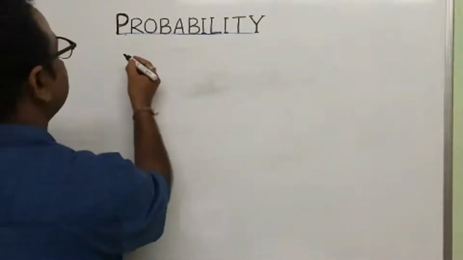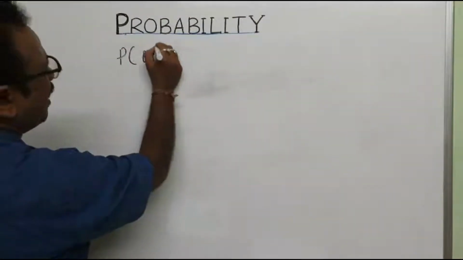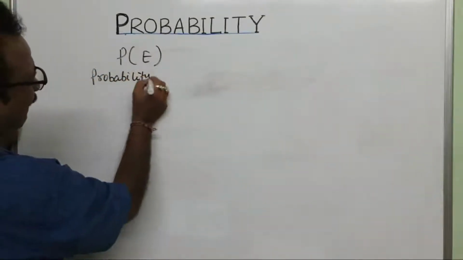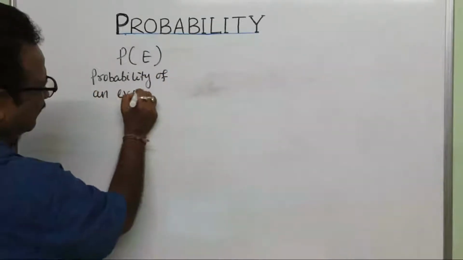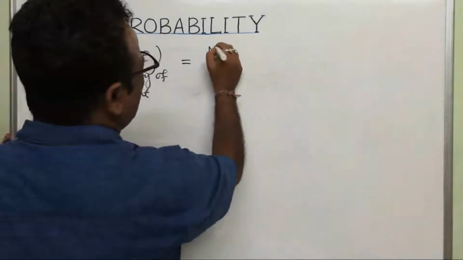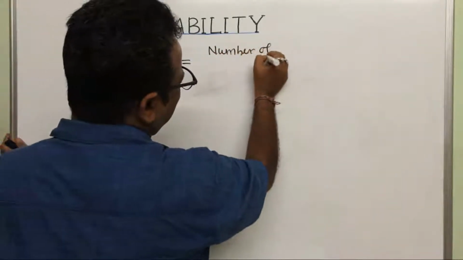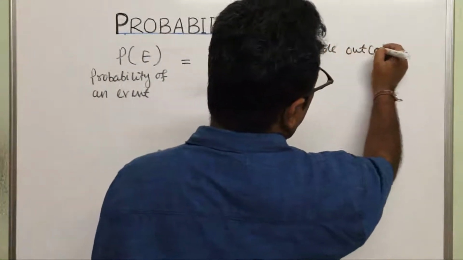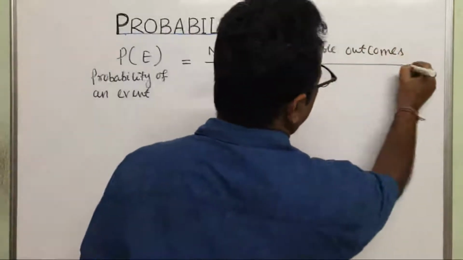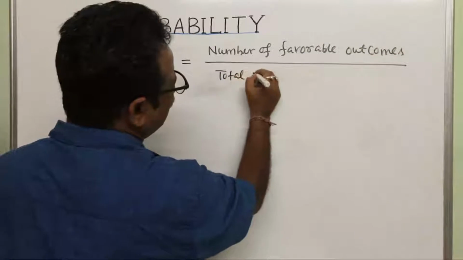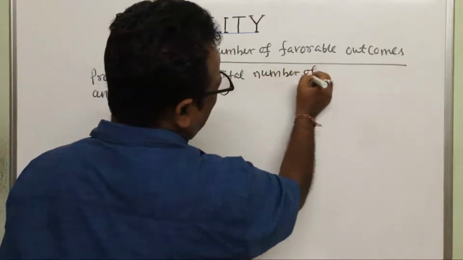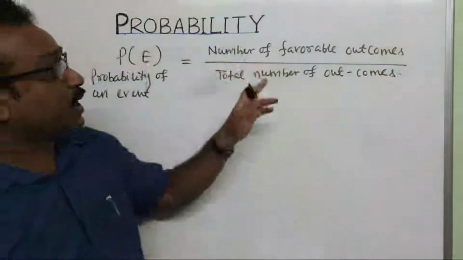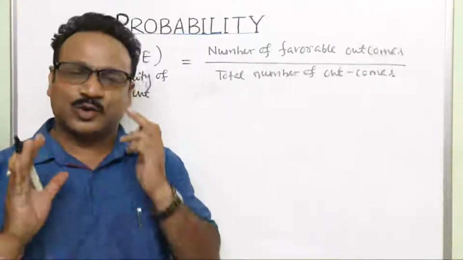So we can write P(E), probability of an event, is equal to the number of favorable outcomes by the total number of outcomes.